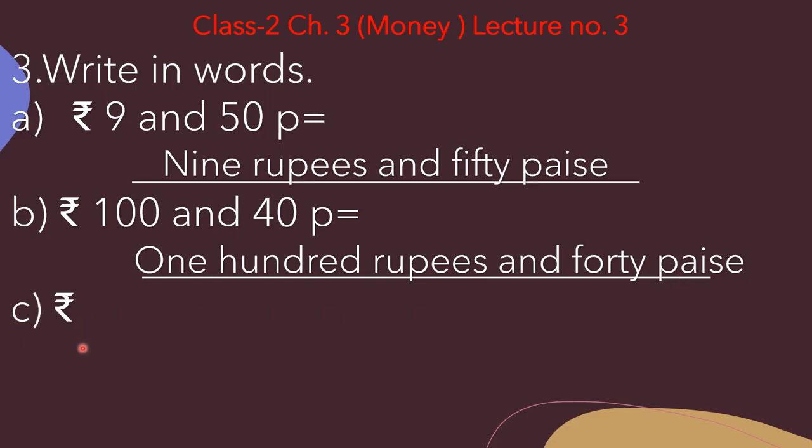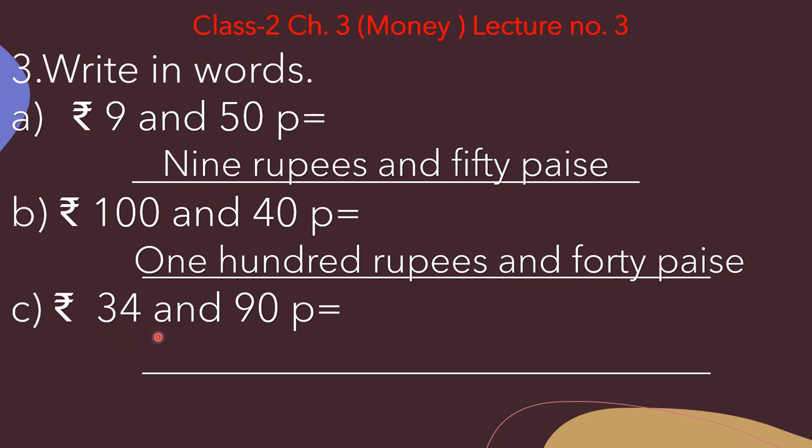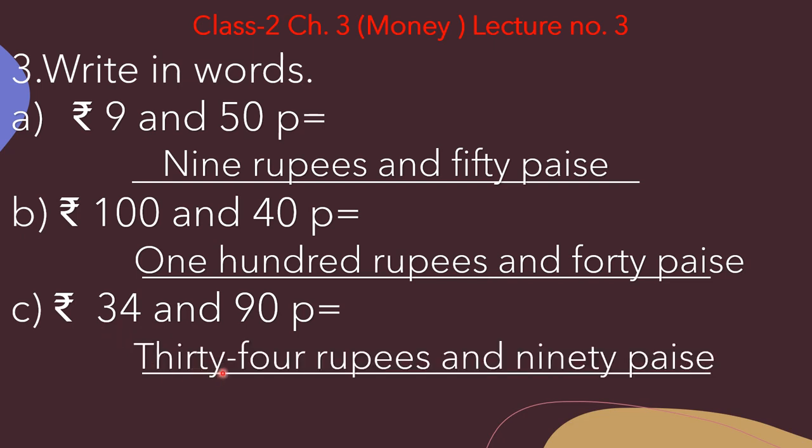Now in C part, here it is given rupees 34 and 90 paise. So first of all we will write rupees 34. So spelling of 34 is THIRTY FOUR. Now RUPEES AND NINETY PAISE. 34 rupees and 90 paise.